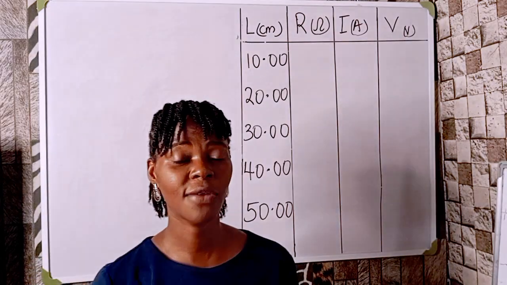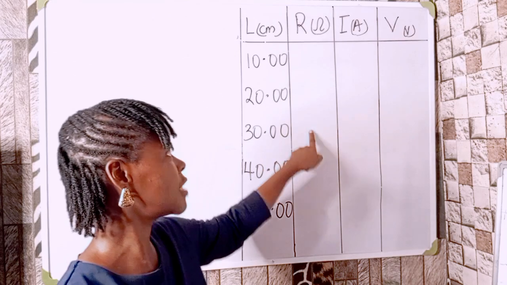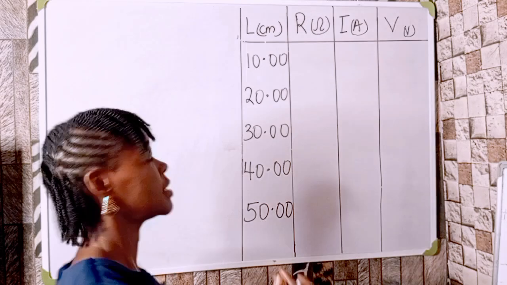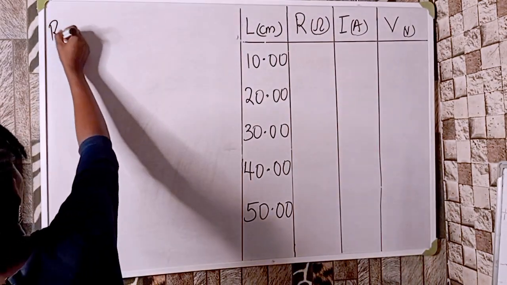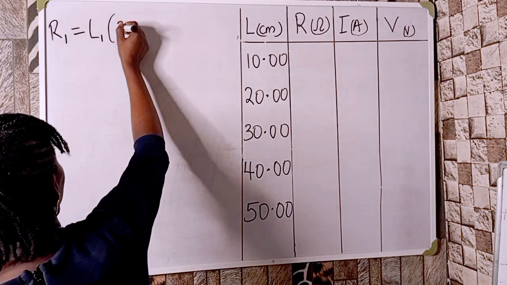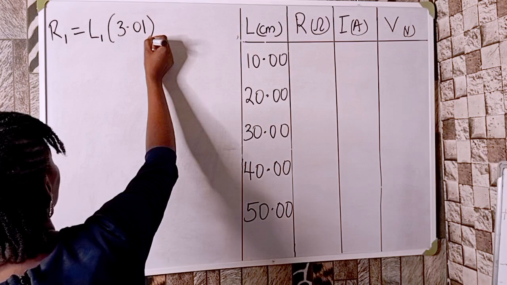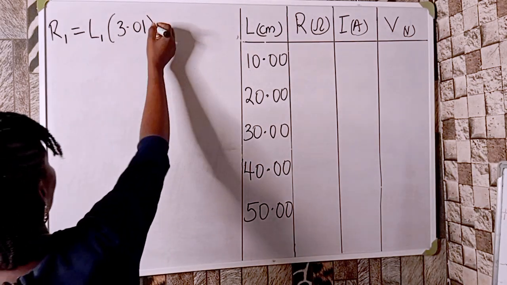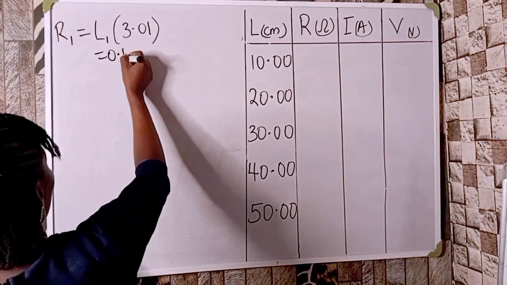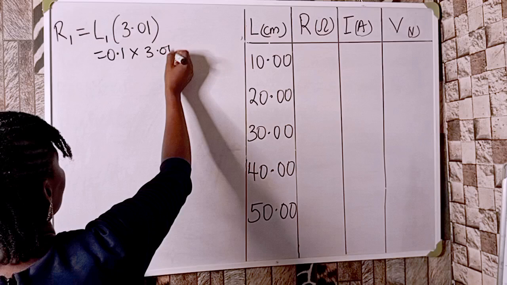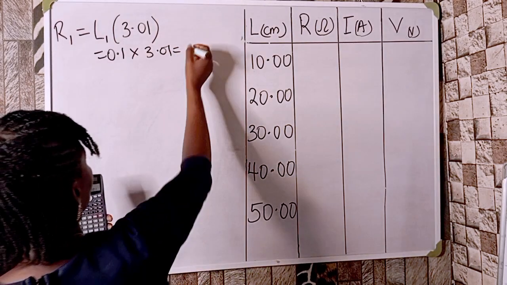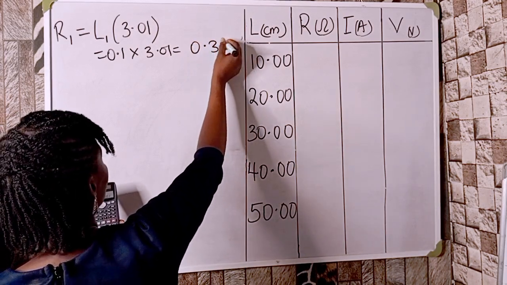Okay guys, so let's see how we can use this formula obtained to get the resistance for each of the lengths. Remember that this length is given in centimeters, so we're going to convert it to meter before we proceed. So we have R1 is equals to L1 bracket 3.01. So my L is 10 centimeter. I divide it by 100. It's going to give me 0.1 times 3.01, which will give me 0.30.